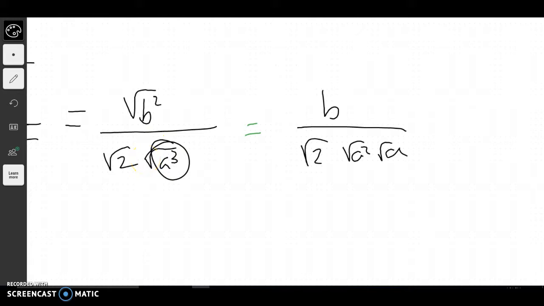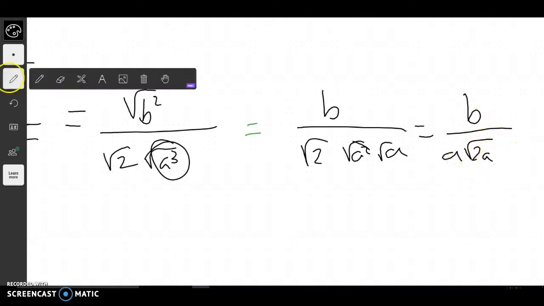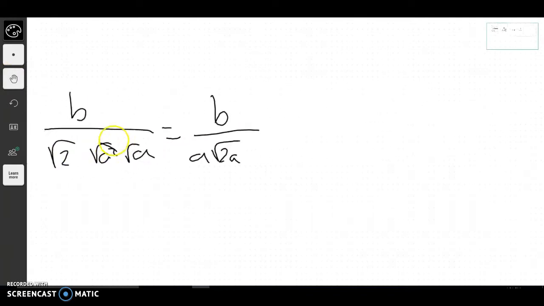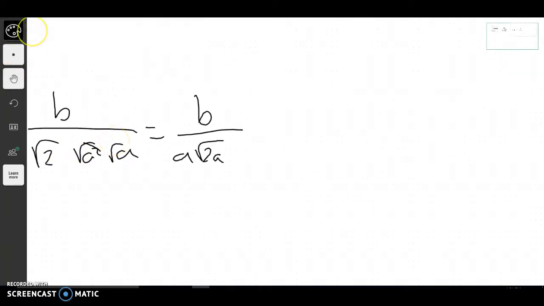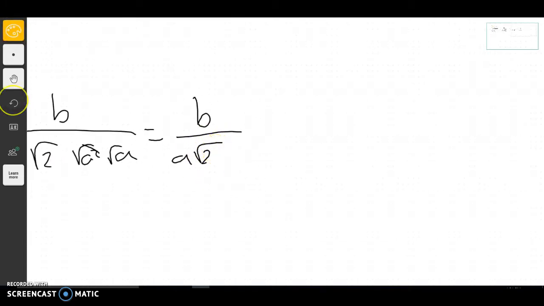So that's what the radical a to the third becomes. Those would cancel. And so if we really want to write this nice, we'd get b over a radical 2a. Now here's the issue. We still have a square root on the bottom. And again, anytime you have a square root on the bottom, you have to get rid of it. Whoops. I lost my a.